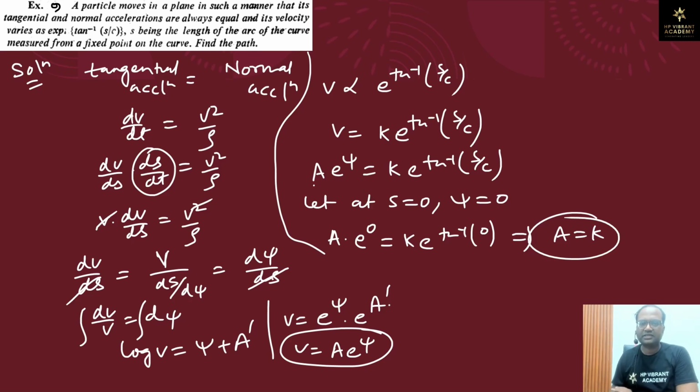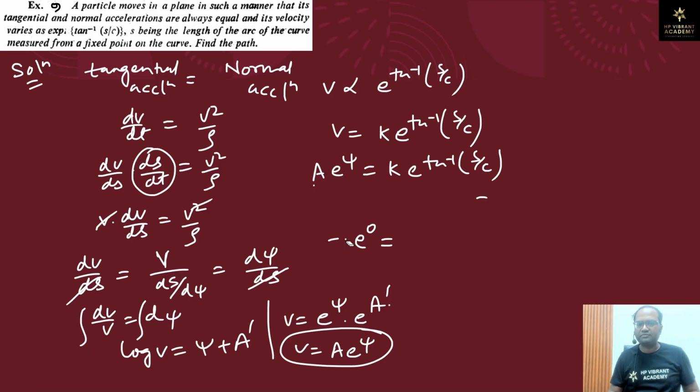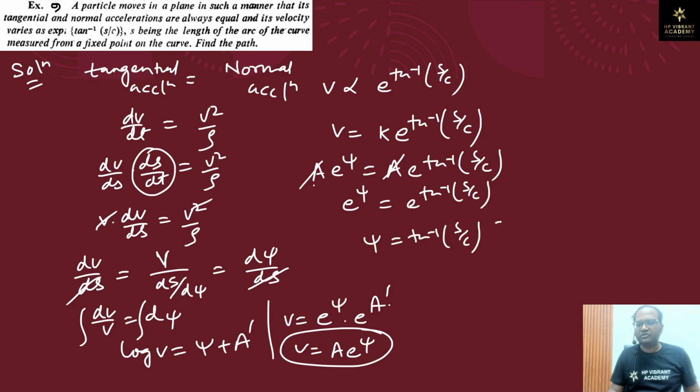Okay, so let us put a is equal to k. This means this gets cancelled. So in the place of k we have a. So from here we have e to the power psi is equal to e to the power tan inverse s upon c. So we have psi is equal to tan inverse s upon c. So from here we have s upon c is equal to tan of psi, s is equal to c tan psi.